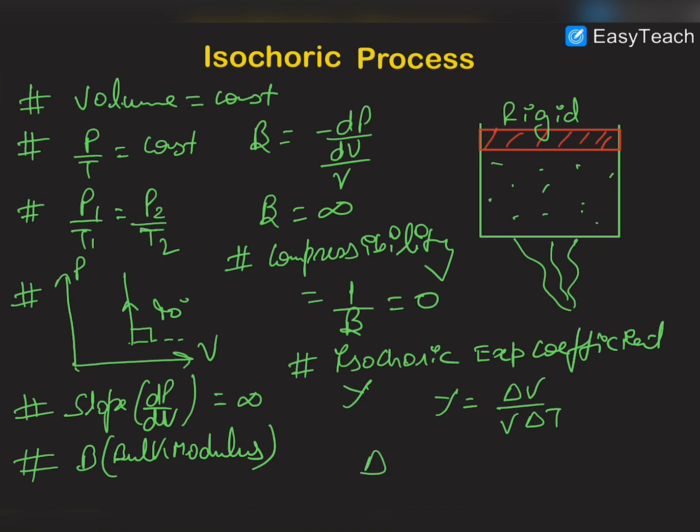So if delta V is 0, then gamma will also be 0. So the isochoric volumetric expansion coefficient is 0.